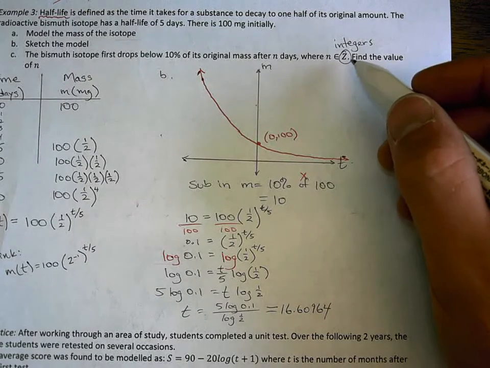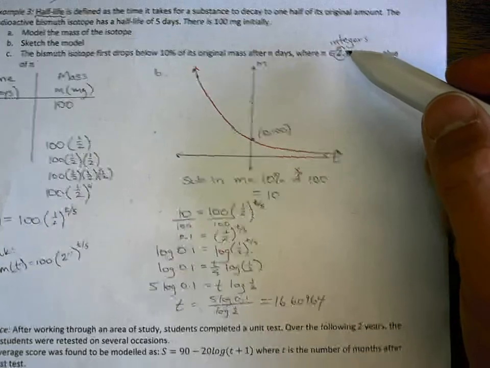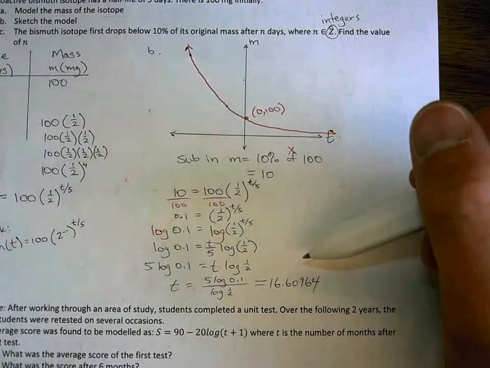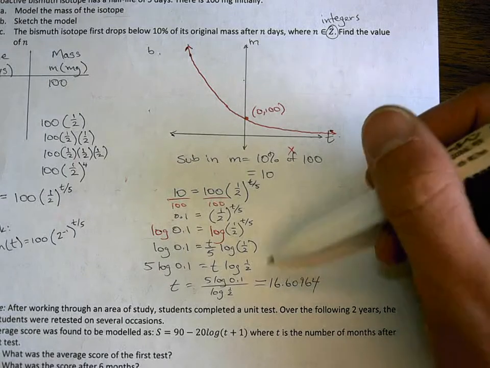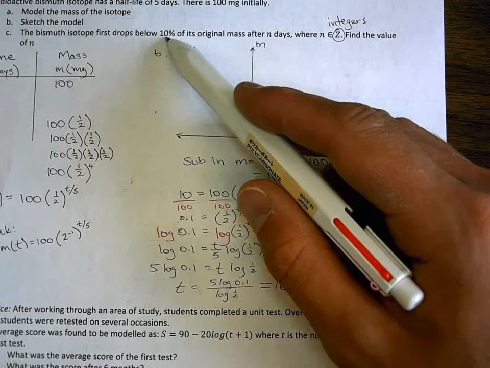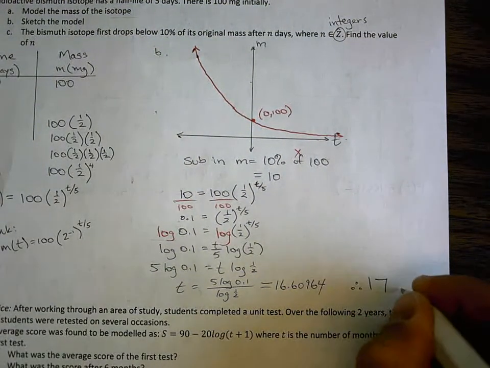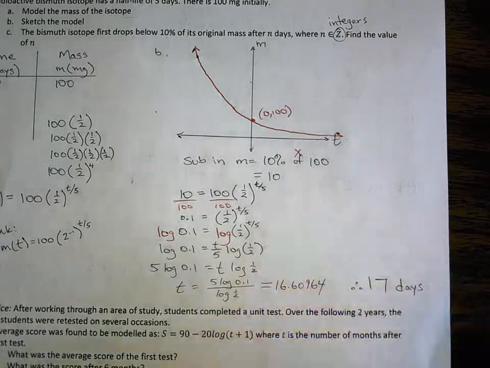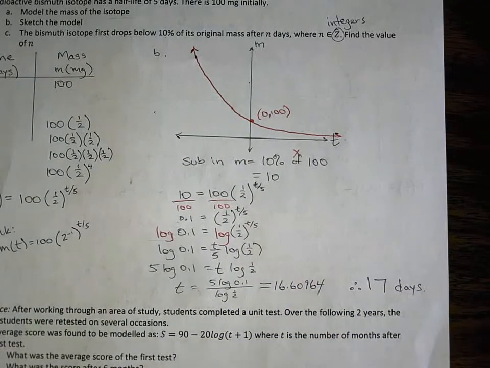I can go over all of this at some point with you, but Z is integer. So your answer has to be rounded to an integer. At 16.6 days, the mass hasn't dropped all the way below 10%. That will only have happened when I go one day further, so 17 days. So that's kind of a tricky wording question, and it just comes back at the end. We have to do some tricky rounding.